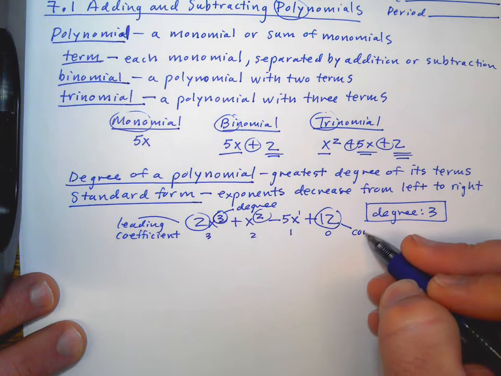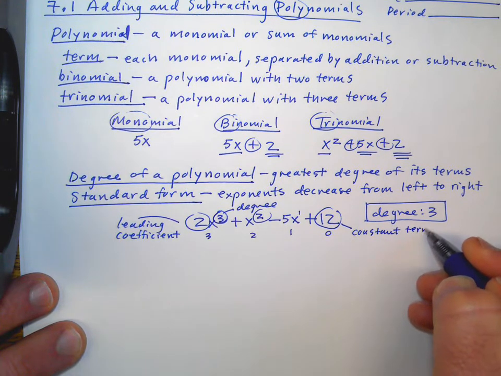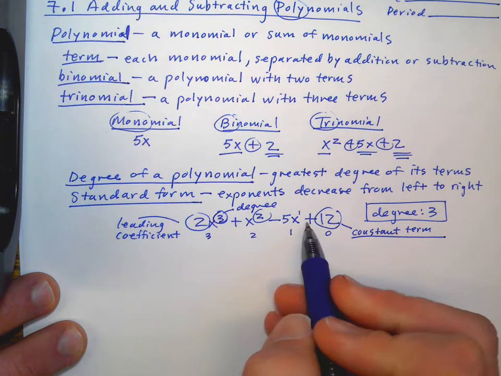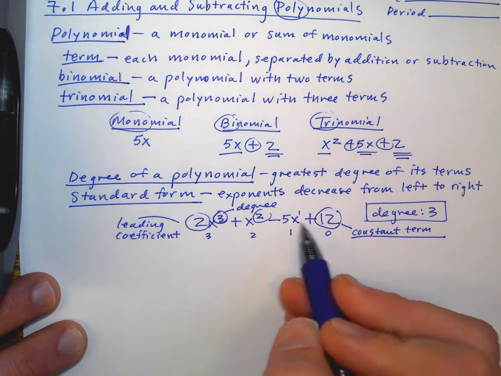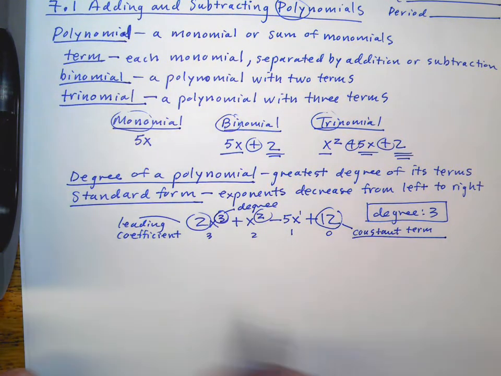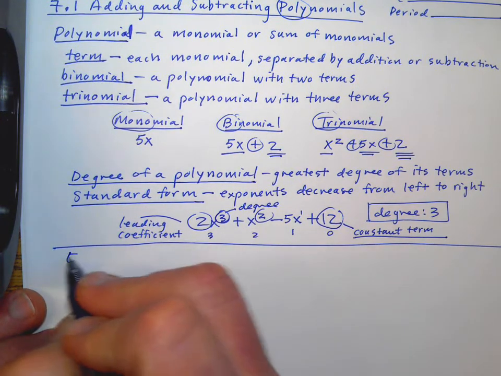But they call this the constant term. The reason they call it the constant term is because it never changes. When something's constant, it never changes. These ones, when x changes, they change. When x changes, this one doesn't change. This one's 12 no matter what. It's always 12.